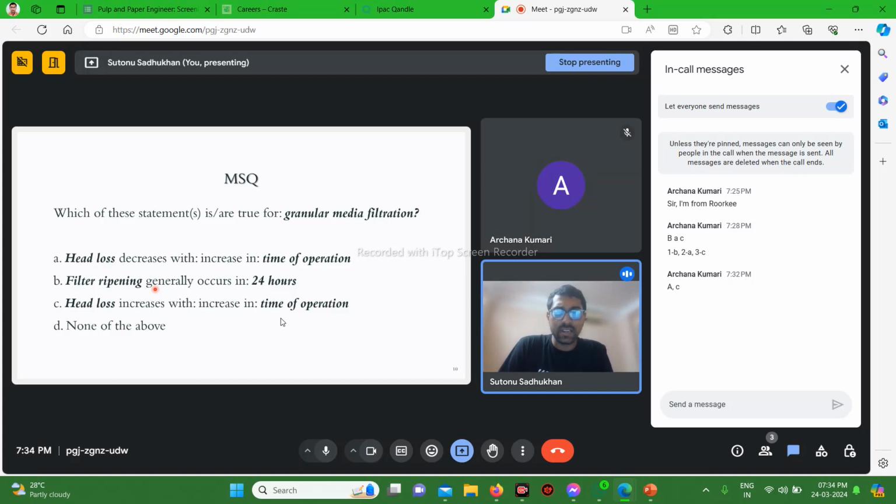As the deposition increases, pressure drop also increases, and there is always a relation between the pressure drop and the head loss. So only one option between A and C will be correct. Option D obviously will not be correct. Whether option B will be correct or not is just memory based.